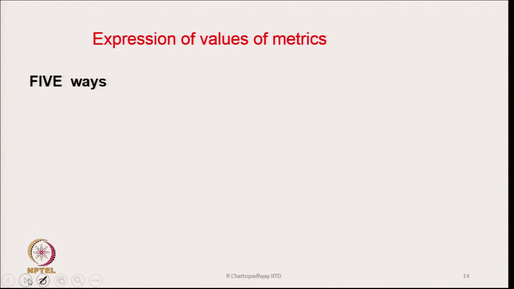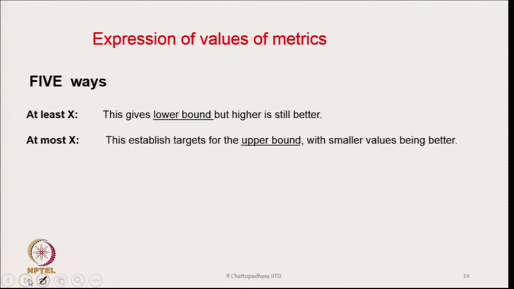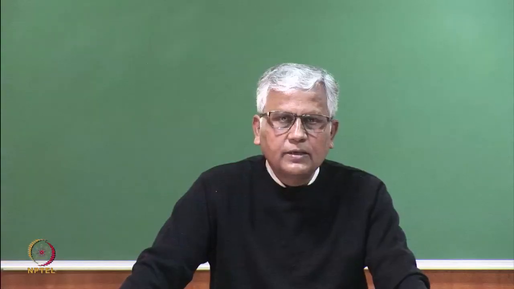Okay. Now, expression of values of the metric. There are 5 different ways of expression. One is at least x. What does it mean? This gives a lower bound, but higher is still better. What is the example for this? Let us say strength.